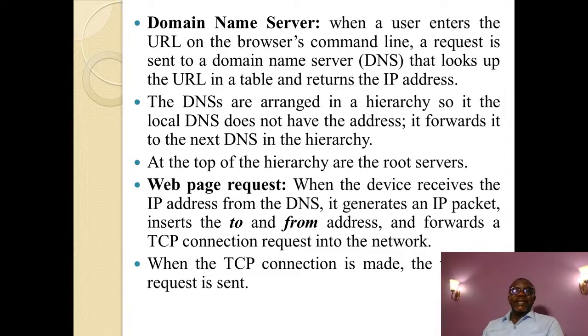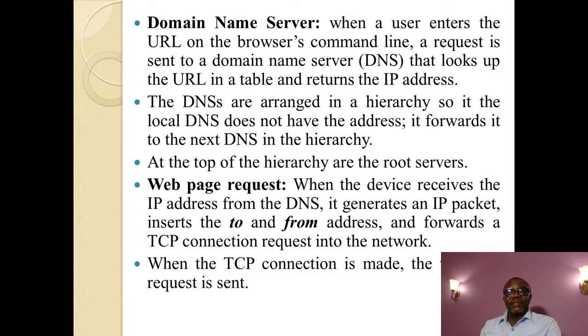When a user enters the URL, which means the Uniform Resource Locator, you want to locate a resource, you don't know where it is. So what you do is you type that thing you are looking for. Where you type it is known as the URL.